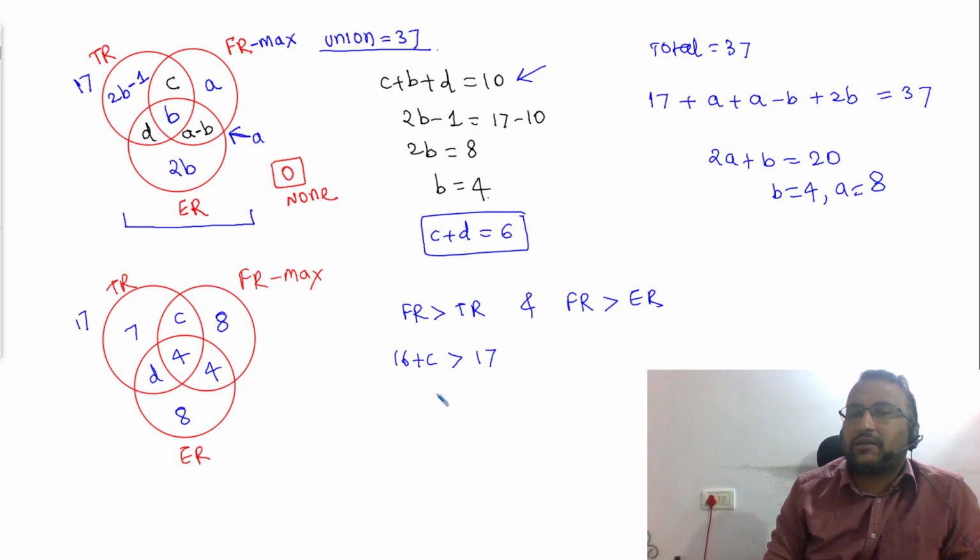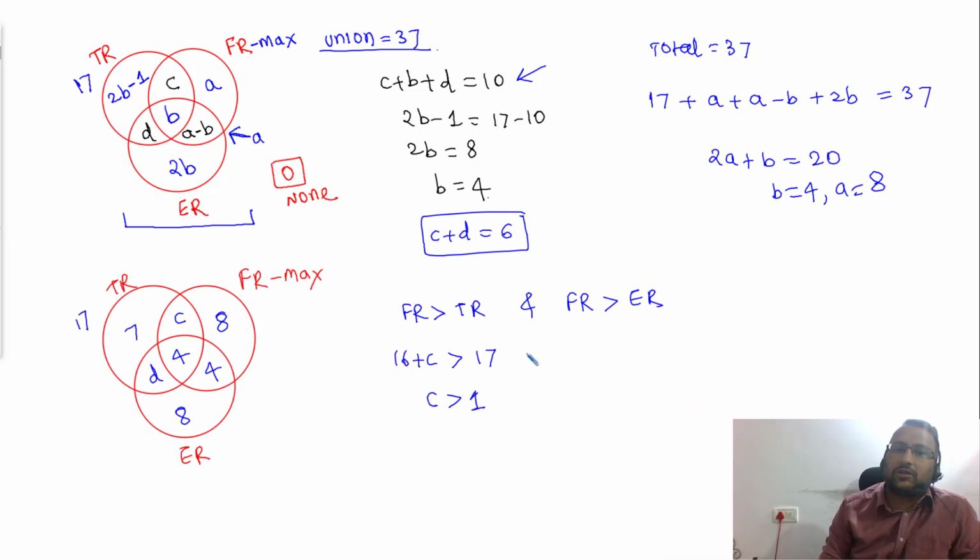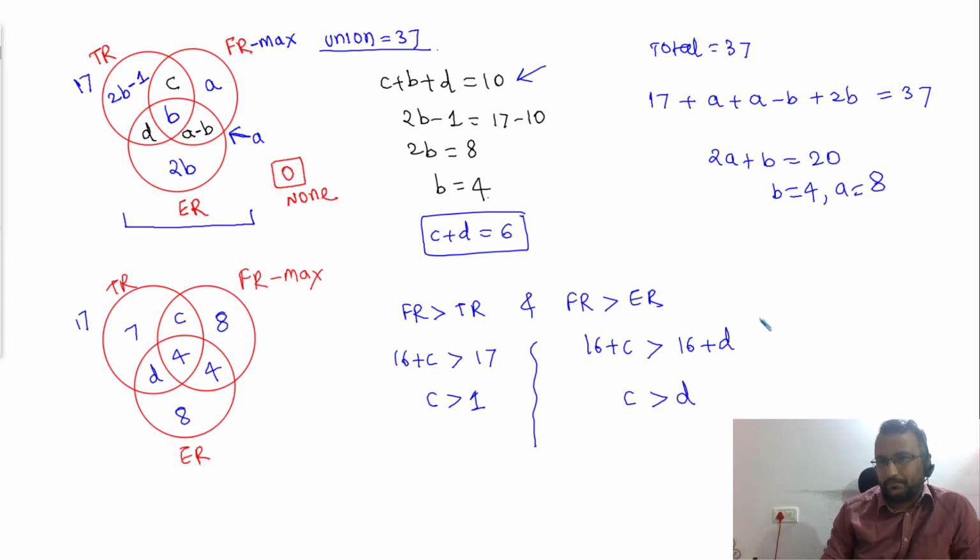So from this we can conclude the value of C has to be greater than 1. The second condition: the total of FR is equal to 16 plus C, that should be greater than the total of ER. Total of ER is 16 plus D, everyone. So the value of C should be greater than D.